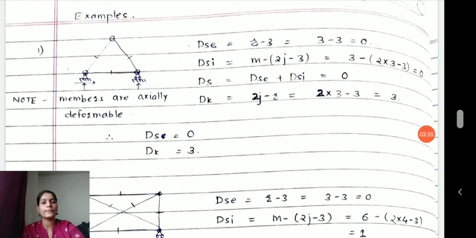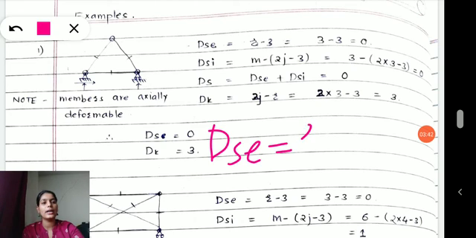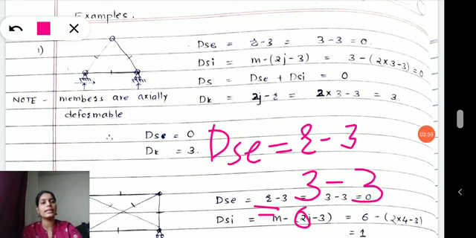For the given sum, DSE equals r minus 3. The support reactions we have already calculated: 1 at the roller support and 2 at the hinge support. So the total number of support reactions is 3, and with 3 equilibrium equations, DSE equals 0.